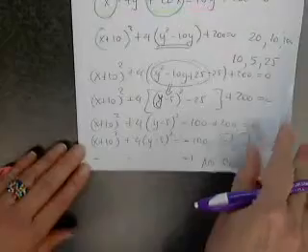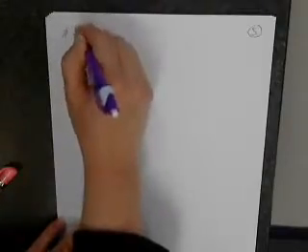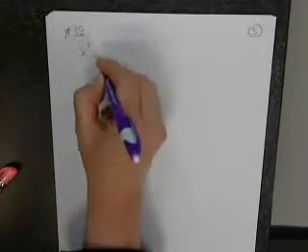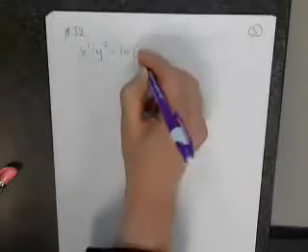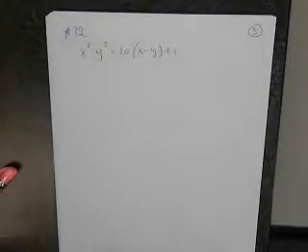Let's look at 32. So if you remember, when we reviewed completing the square on solving quadratic equations, I said that's not a method that we use for quadratic equations. That method is used for something else. And this is that something else, to identify conic sections. In 32, we have x squared minus y squared equals 10x minus 10y plus 1.